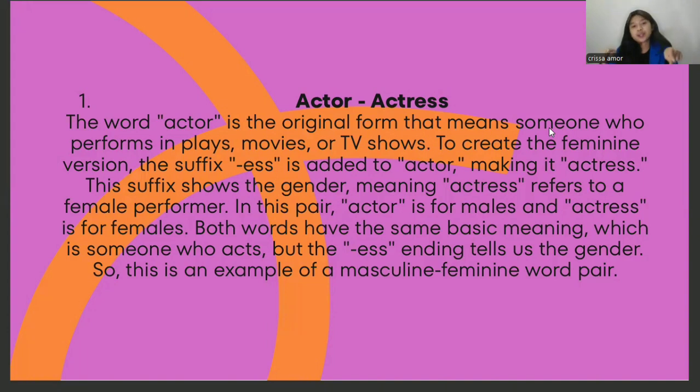In this pair, actor is for males and actress is for females. Both words have the same basic meaning, which is someone who acts, but the s ending tells us the gender. So this is an example of a masculine-feminine word pair.